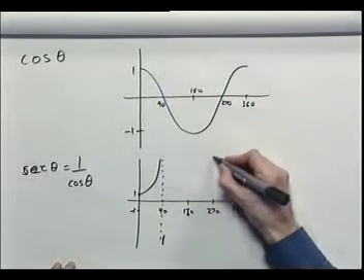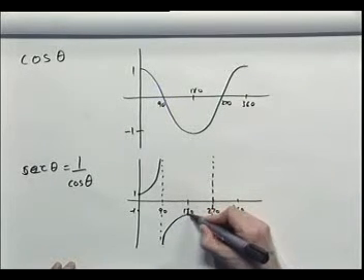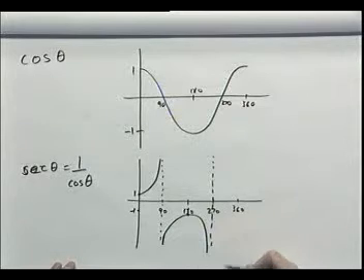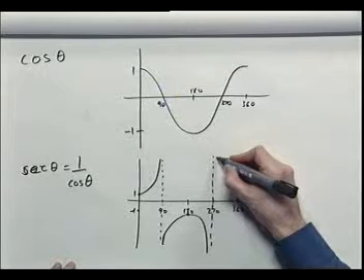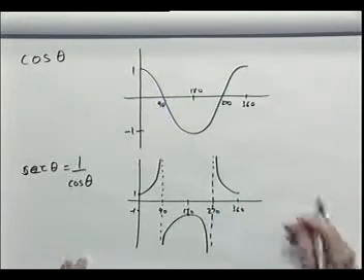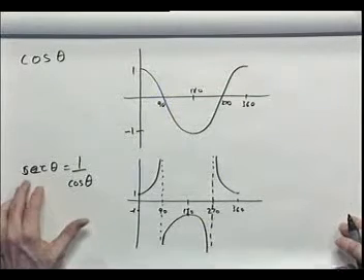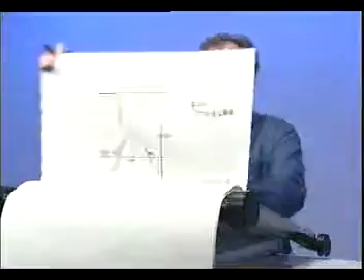Same problem again at 270. So we can see that the curve is going to go round and back like that. And then here again at 360, we're going to be able to mark that point. We're going to have that one coming down like that. So there we've managed to get the graph of sec out of the graph of cos.